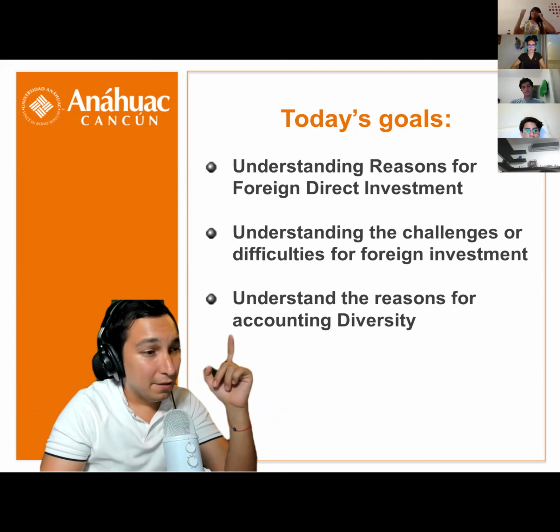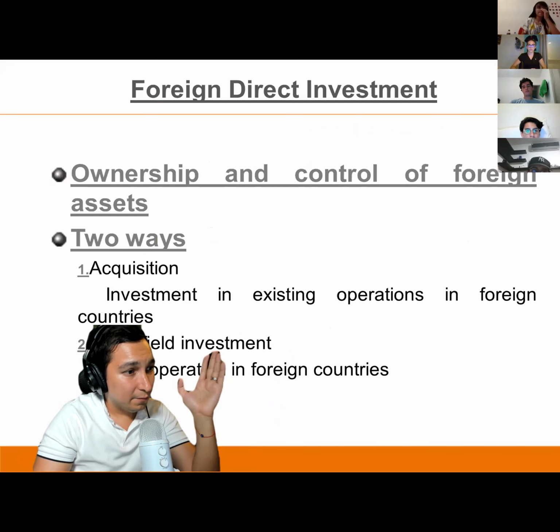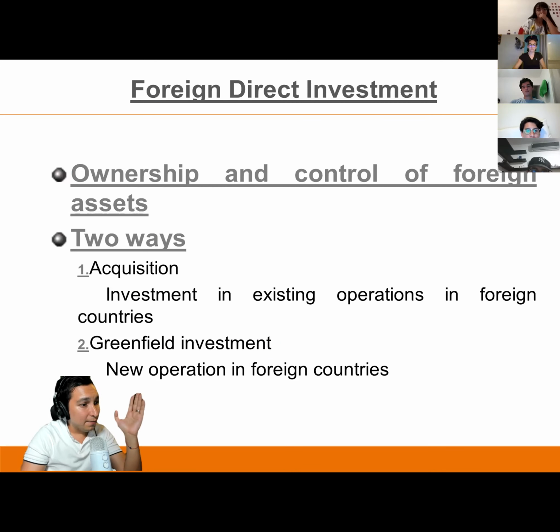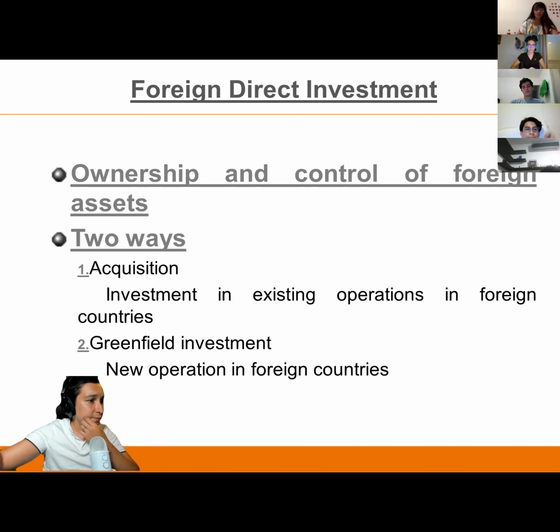Okay, guys. So we just stated how you start a foreign direct investment. It depends on the ownership and control that you want to establish. As I told you, you can go with no control at all, an arm's length operation, or go fully with 2 ways of acquisition.